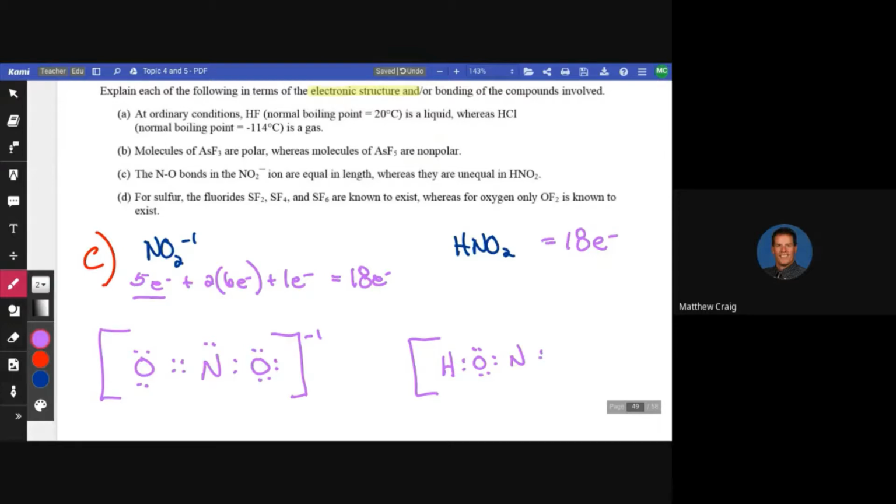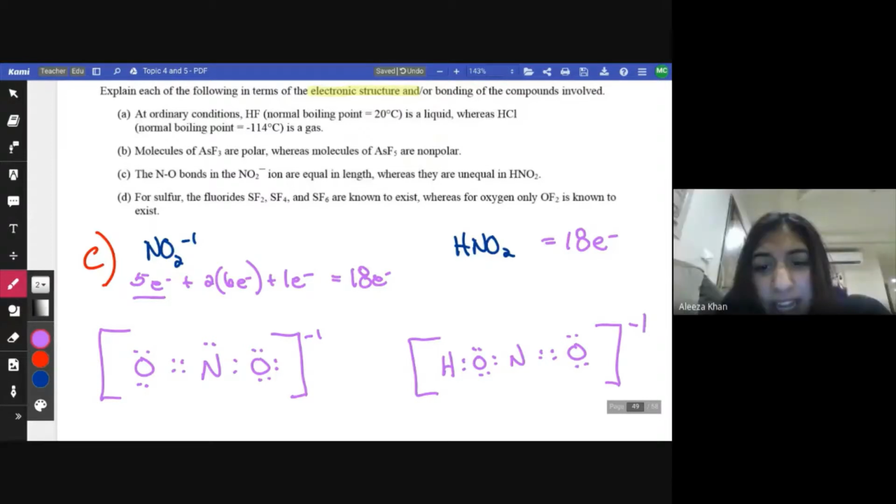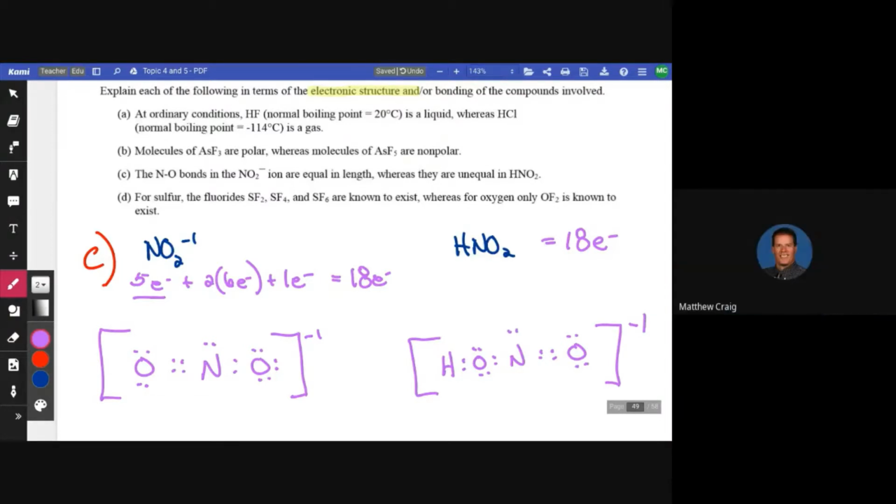That's not 18 electrons. Mr. Craig, am I an idiot or shouldn't that be 19 electrons? You're wrong.